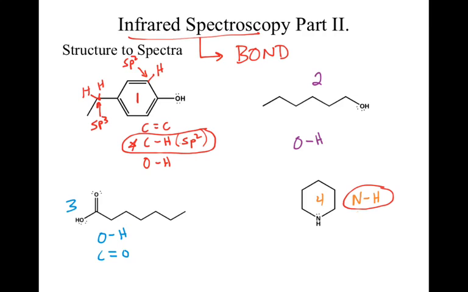The OH, evaluating the difference between each of these. The OH on its own gives you this nice characteristic broad signal. But if we put that OH near, say, another functional group, a carbonyl, we change the characteristics enough that the signal shows up slightly differently.